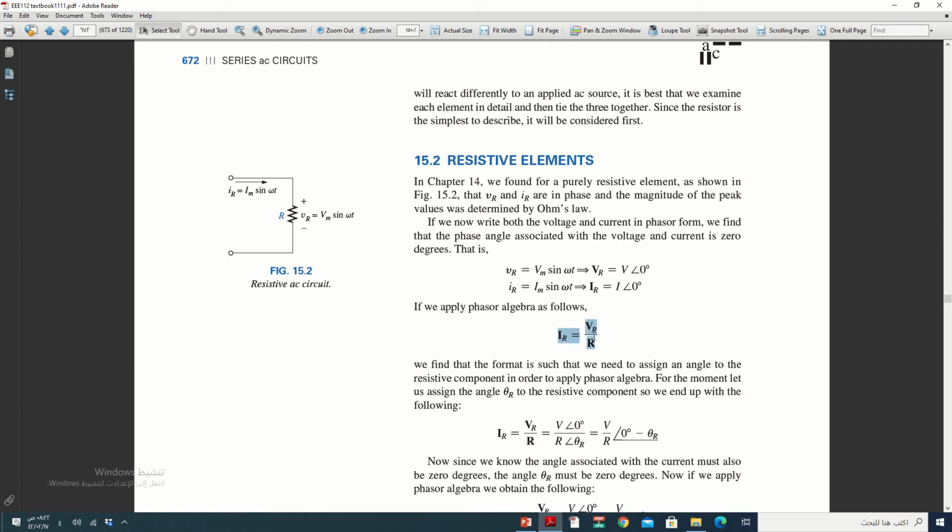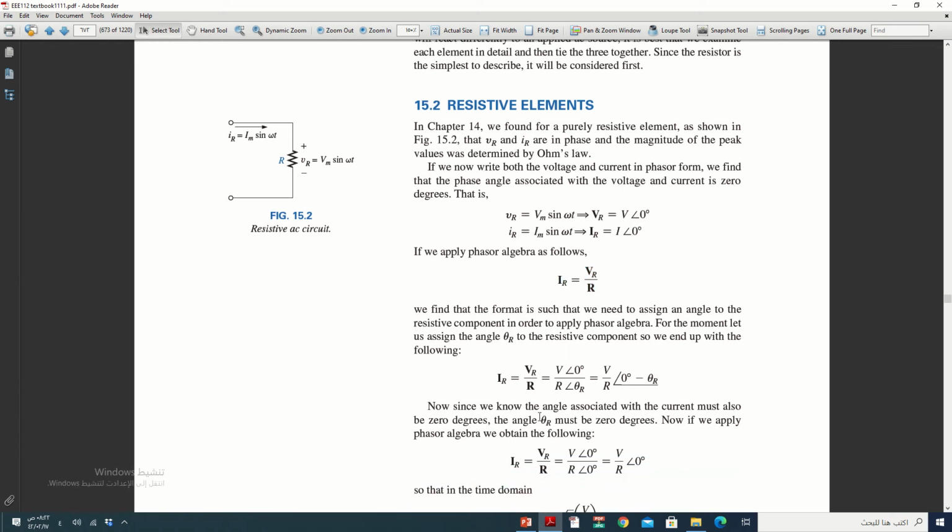Here we can say IR equals VR over R. This is Ohm's law, normal, and we have VR and IR. Let us find IR from VR. VR equals V RMS angle 0, divided by R with the angle.